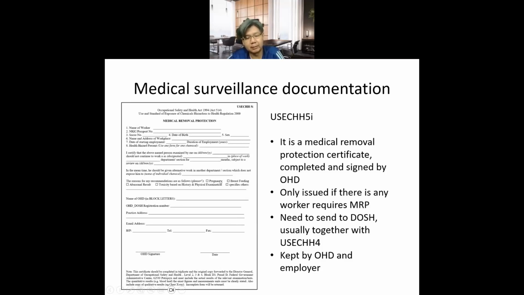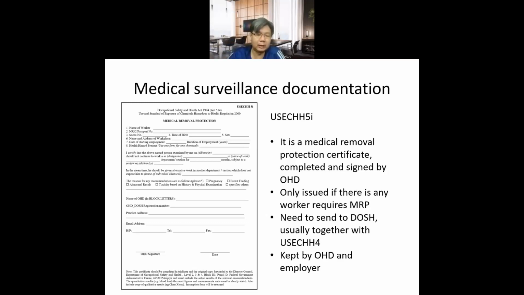For example, pregnancy, right? When we do medical surveillance, say chromium just now, there's a lady working in a chromium stainless steel process, inhaling chromium every day. But when we do medical surveillance, the lady comes to us, we have the interview there, and she brings us an antenatal card saying that she has been pregnant for 3 months.